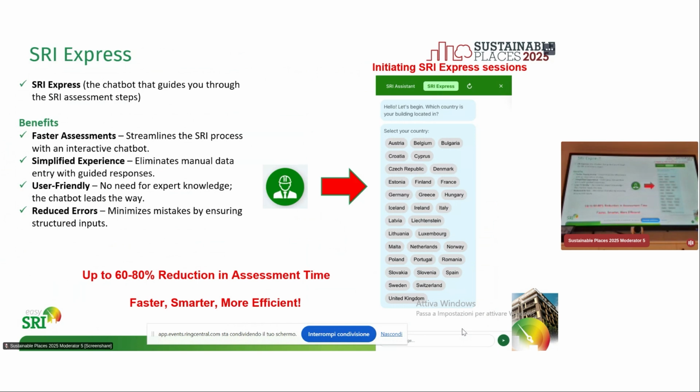The SRI Express is the chatbot that guides you through the SRI assessment steps in order to perform the assessment in a faster and more user-friendly way, reducing errors. It indicates a 60 to 80 percent reduction in the assessment time.